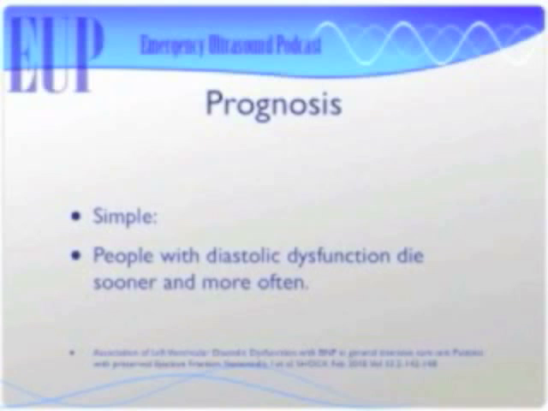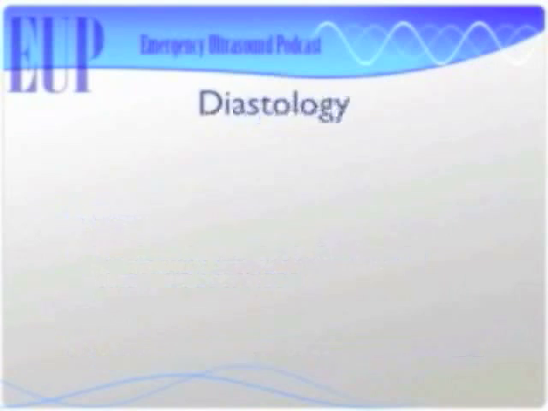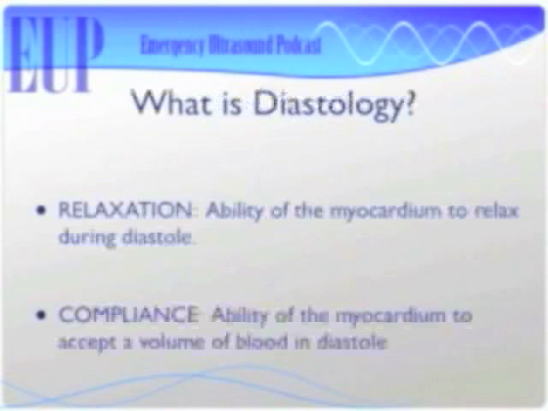So what is diastology? Diastology is basically the diastolic function of the left heart. The left heart has to relax and it has to comply. And the ability of the myocardium to relax during diastole becomes very important, and the ability of the myocardium to comply and accept a volume of blood during diastole also becomes very important.